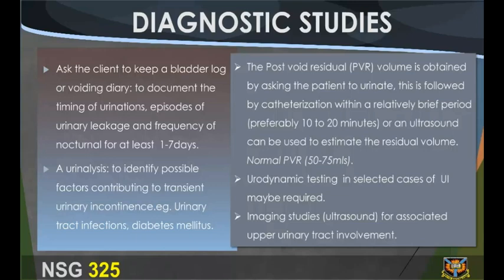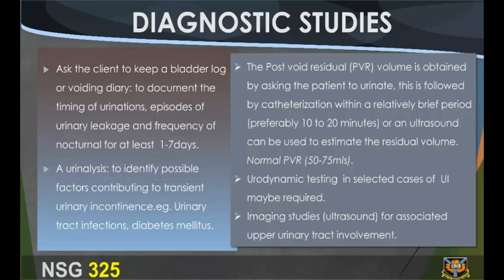A urinalysis to identify possible factors contributing to transient urinary incontinence, for example, urinary tract infections, diabetes mellitus. The post-void residual (PVR) volume is obtained by asking the patient to urinate.